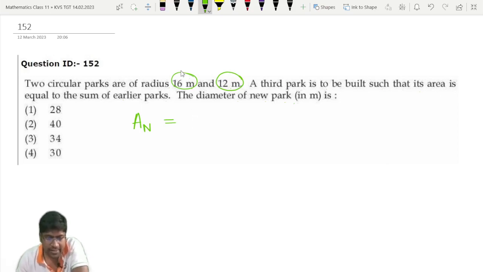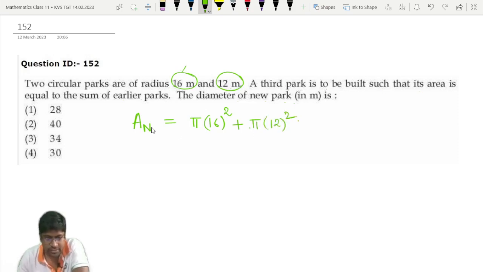What will be the area of the park whose radius is 16 meter? That is pi r square, pi into 16 square. And the area of the circular park whose radius is 12 meter is pi into 12 square.